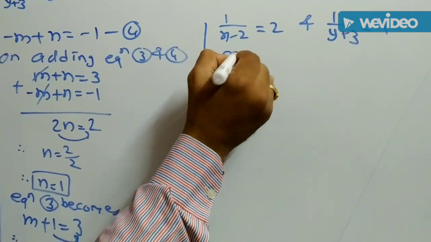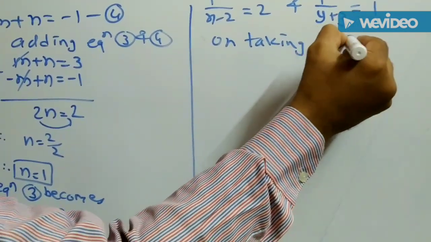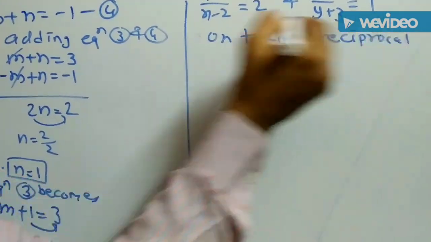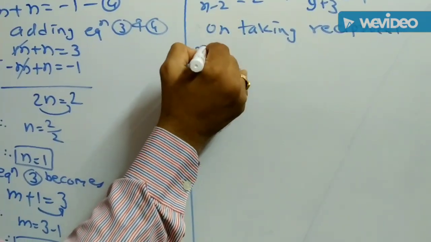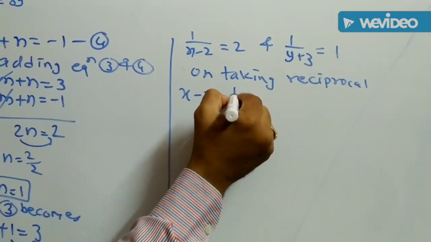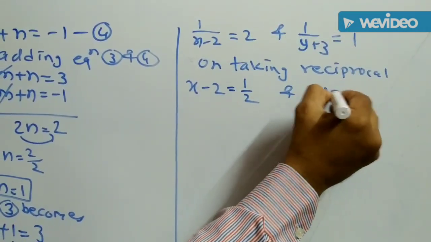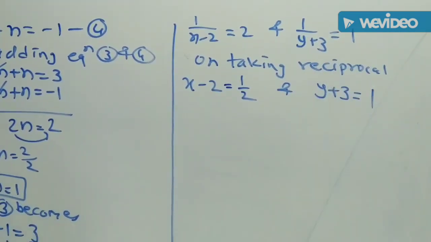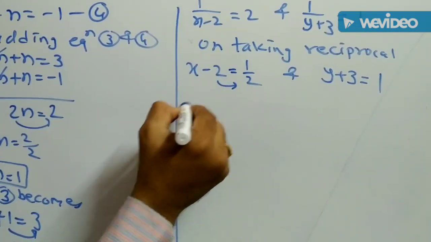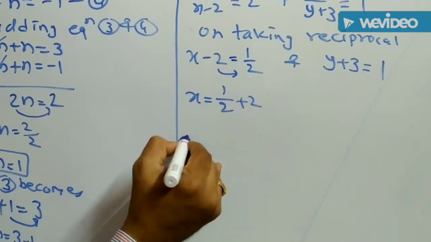Now by taking reciprocal, or by invertendo, we get the reciprocal of 1 upon x minus 2 is x minus 2, the reciprocal of 2 is 1 half, and the reciprocal of 1 upon y plus 3 is y plus 3, the reciprocal of 1 is 1. Now this minus 2 gets converted to plus, that is 1 half plus 2.